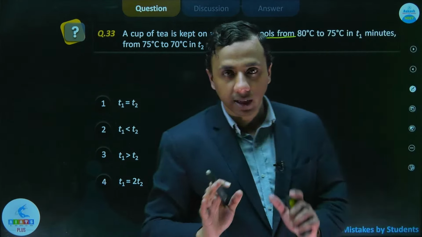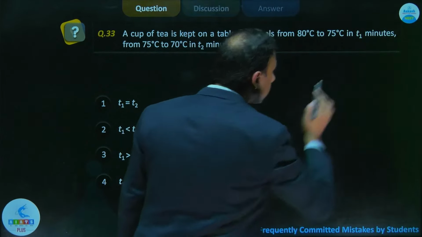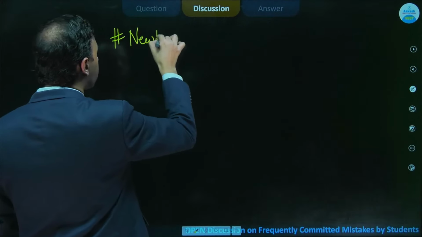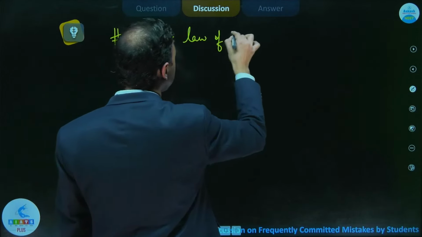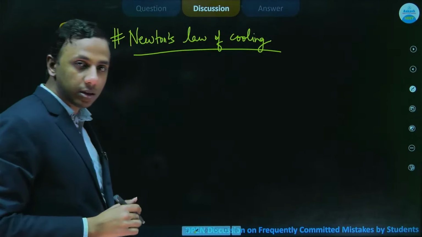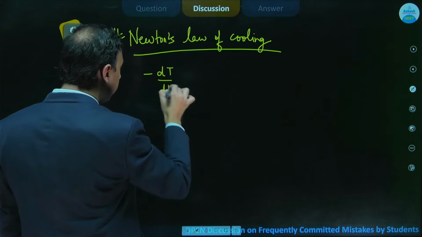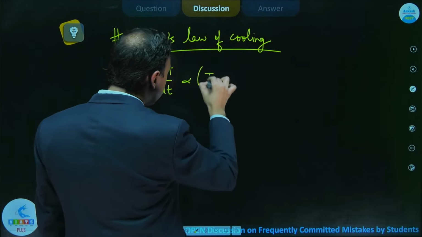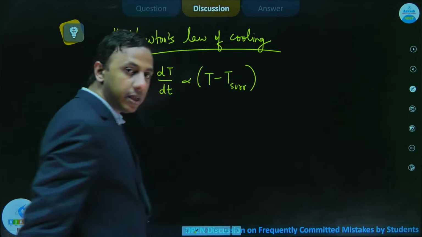So remember the concept of Newton's law of cooling. The rate of cooling, that is minus dT by dt, we say is proportional to T minus T naught, or rather I am writing T minus T surrounding.